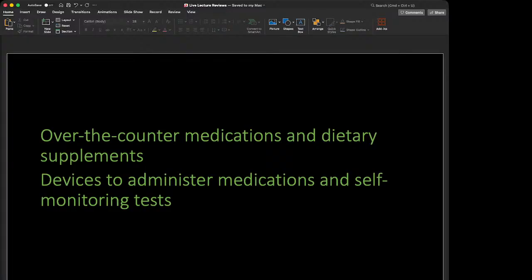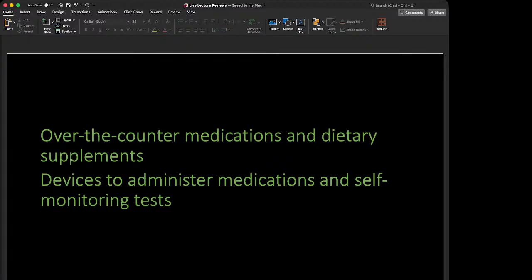The purpose of this presentation is really just to review some of the over-the-counter medications and dietary supplements that you would see while you're at work or during practice at community pharmacy and at other health food stores as well.